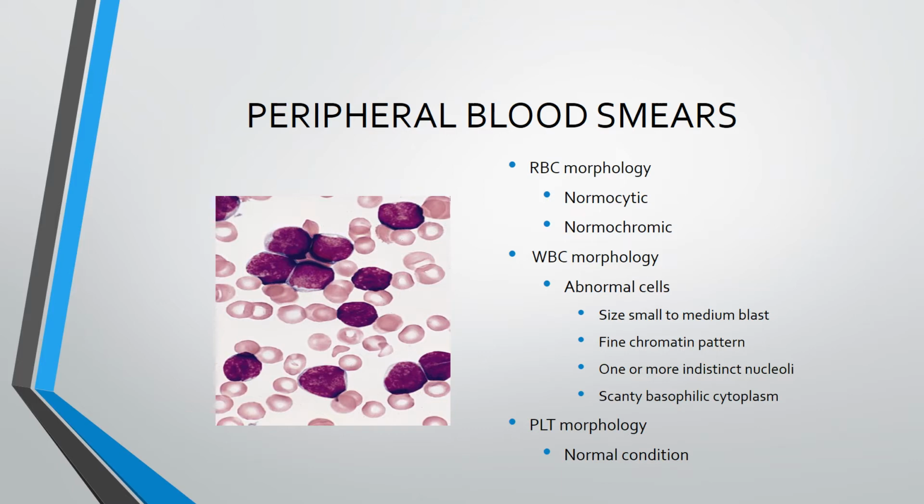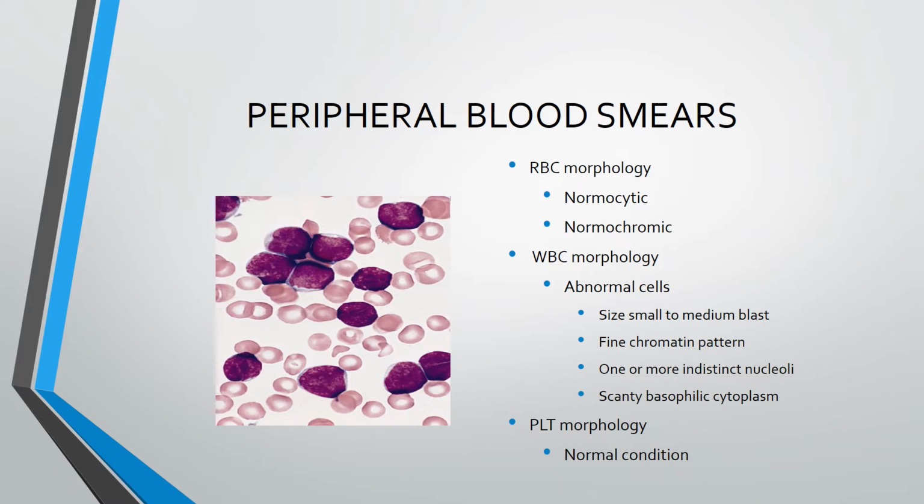From the peripheral blood smear, it can be observed that the red blood cell morphology is normocytic and normochromic. For white blood cell morphology, abnormal cells were found: small to medium blasts, fine chromatin pattern, one or more indistinct nucleoli, and scanty basophilic cytoplasm.